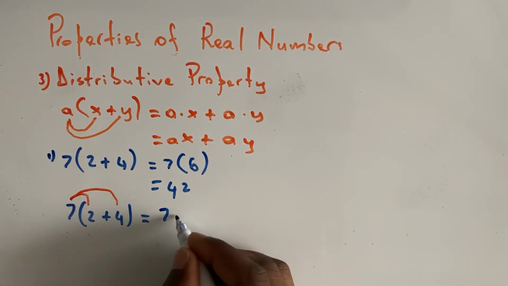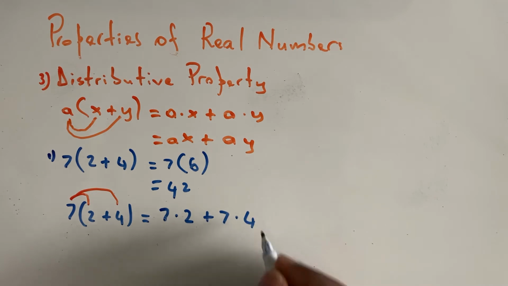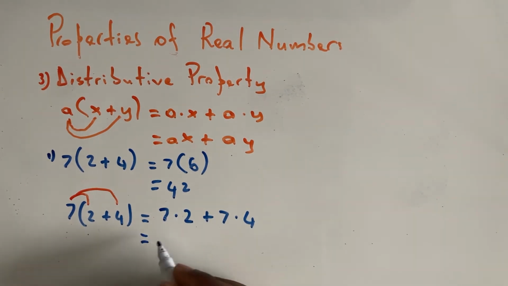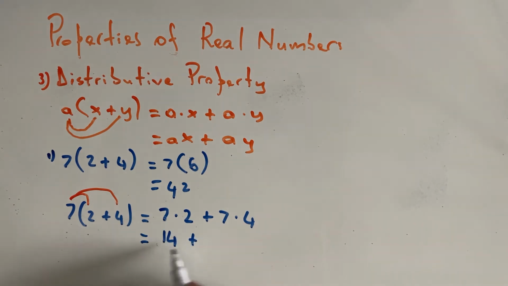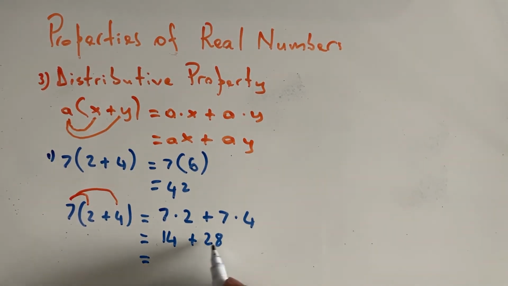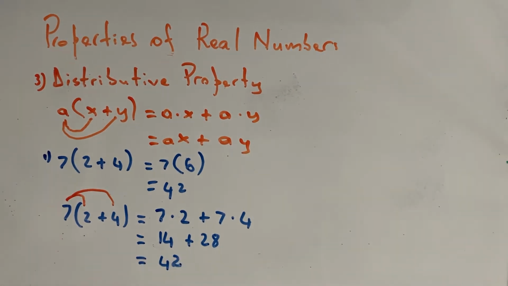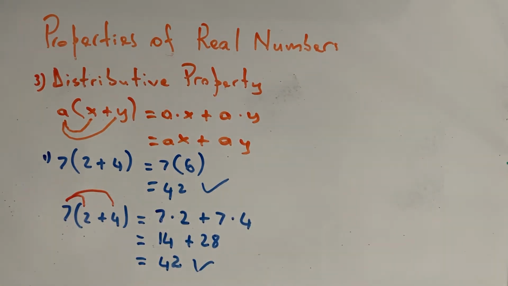So 7 times 2 plus 7 times 4, which would be 14 plus, so 7 times 2, 14, 7 times 4, 28. Now when you add them, 14 plus 28 is 42, okay? All right, so still the same thing. This is the distributive property of multiplication over addition.